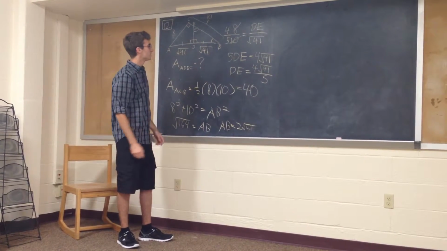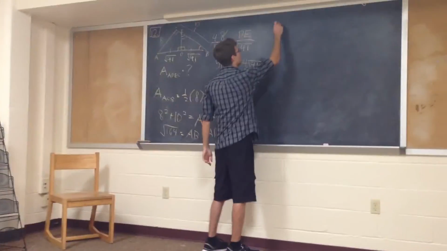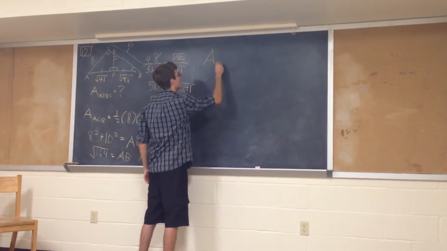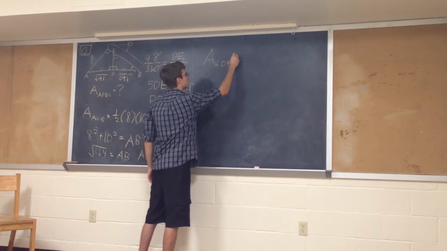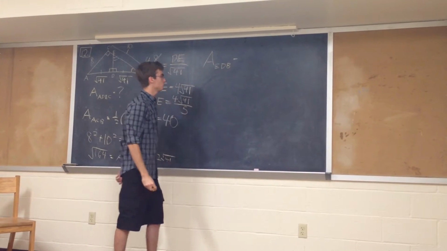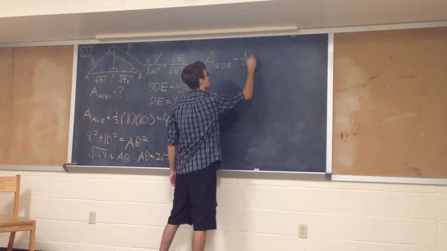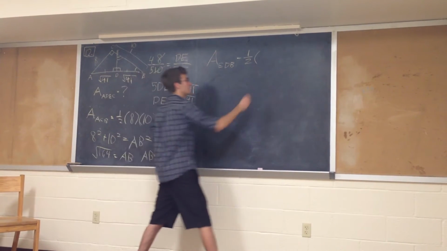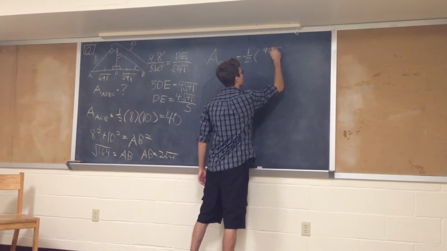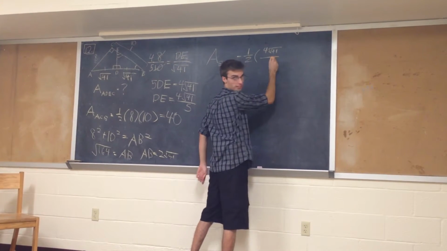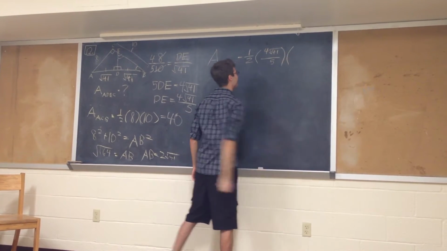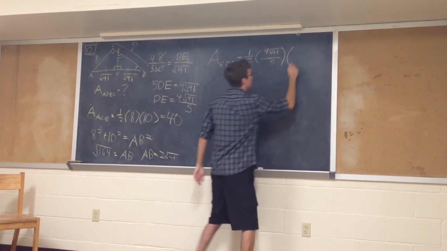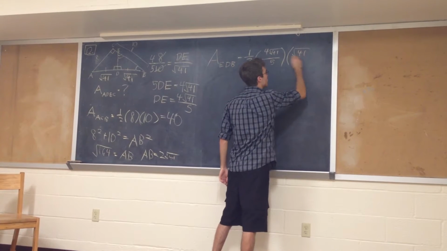All right, so our step 2, the area of the smaller triangle, the area of EDB. It's another right triangle, 1/2 times the base, which we just found, 4 root 41 over 5, I hope we're getting all this, times the height, DB, root 41, or root 41 over 1.